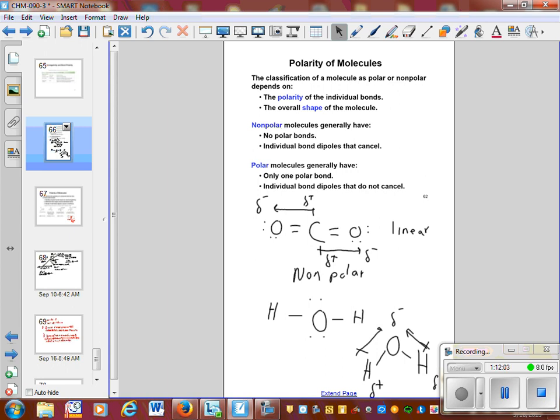If we look at water, oxygen is more electronegative than the hydrogen, so the oxygen is pulling. Remember, water is bent. These aren't opposite each other, so when it pulls, it's not going to cancel anything out.